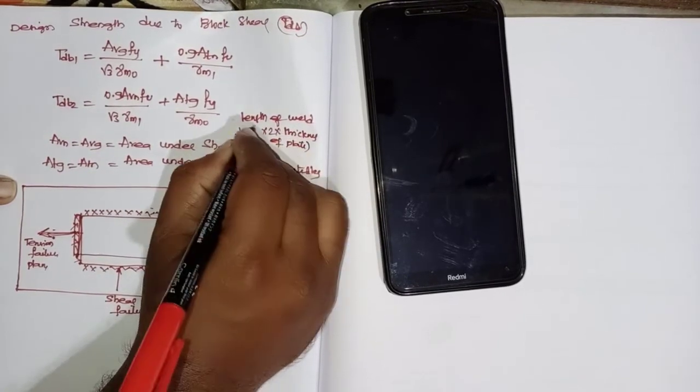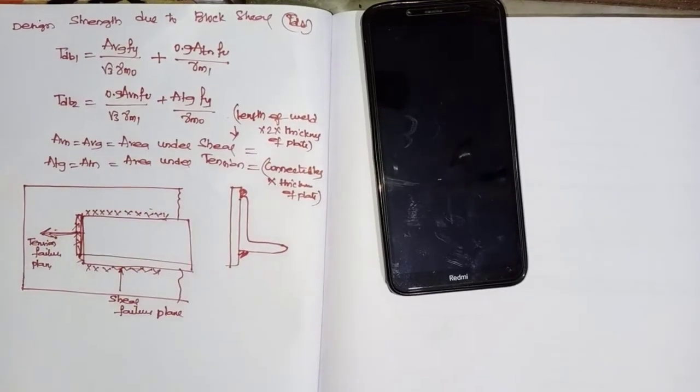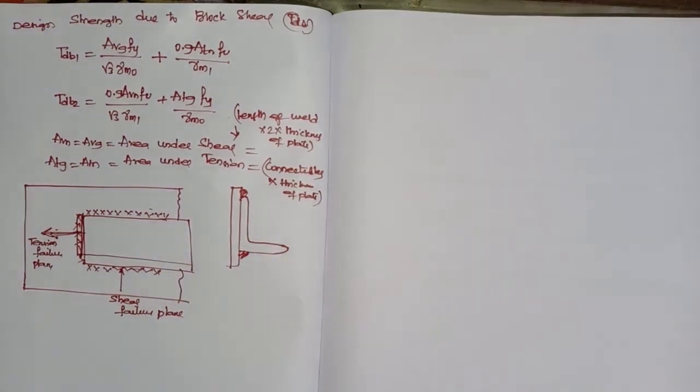Both sides, right? Length of weld into 2 into thickness of plate is nothing but the area under shear. So these are the 3 formulas which are very important.